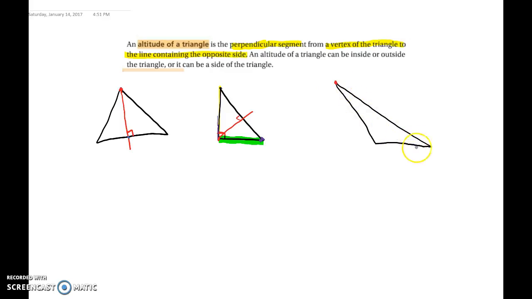So what you need to do sometimes is extend your side out and imagine as if that triangle has an extension, and then your altitude would actually appear outside of your triangle. So that is where your vertex will be perpendicular with the opposite side. All right, so sometimes it'll be on a triangle like it was in the middle one, sometimes it'll be going through a triangle, sometimes it'll be outside.